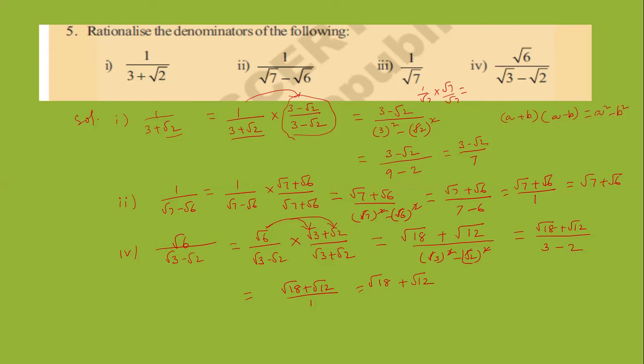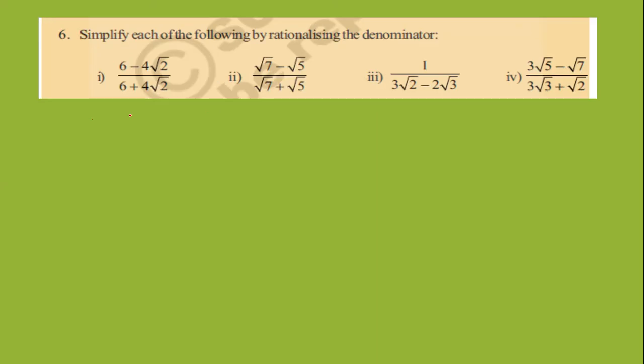Finally, what you get in the numerator part is root 18 plus root 12. In the denominator part, 3 minus 2, that is 1. So you may observe here in the denominator, that is 1. 1 is rational. Hence, this is the way of rationalizing the denominator. Okay, that's enough. You move to the next one.